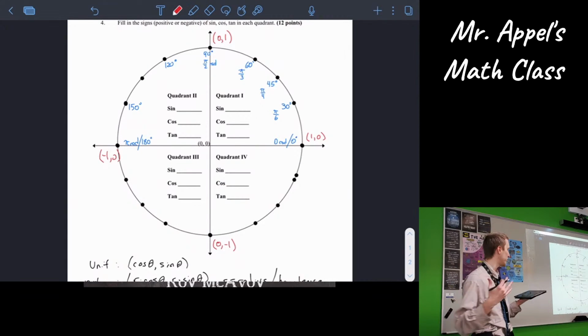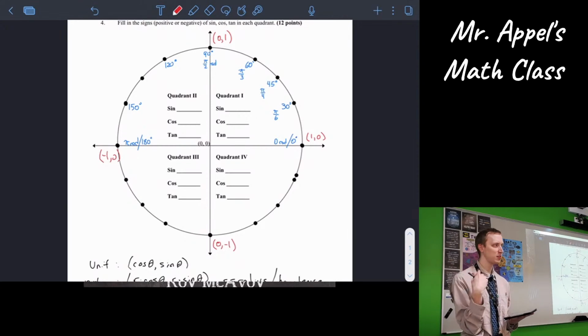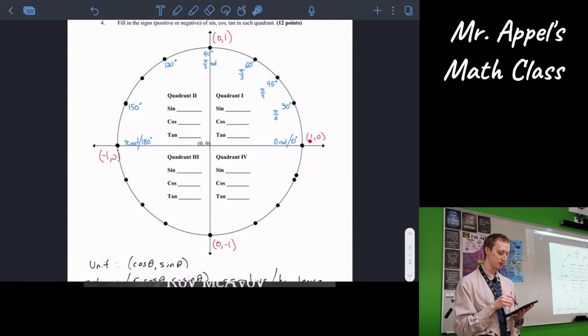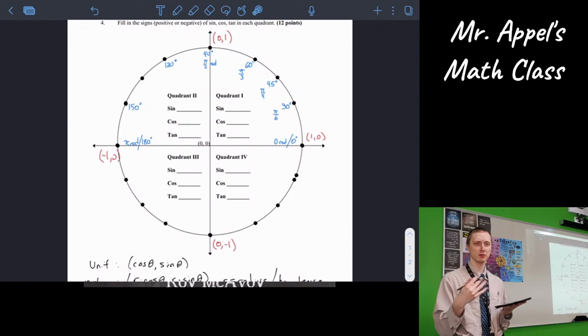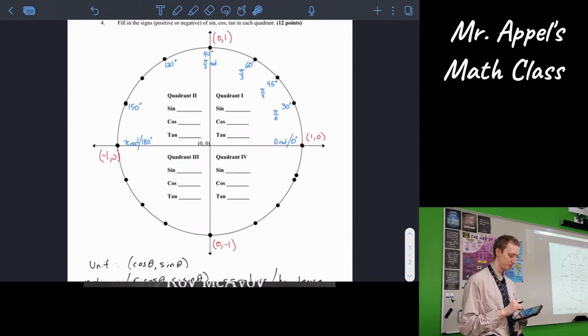So if you want to see the full picture, there it is. This serves as your reference of what sign goes where. The x's are positive, y's are positive. Oh, x is negative. Y is negative. So these 4 points serve as a reminder of what signs need to go where.